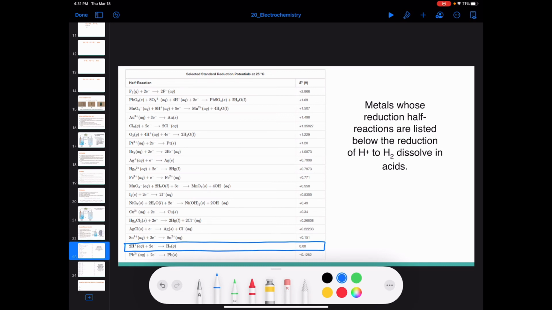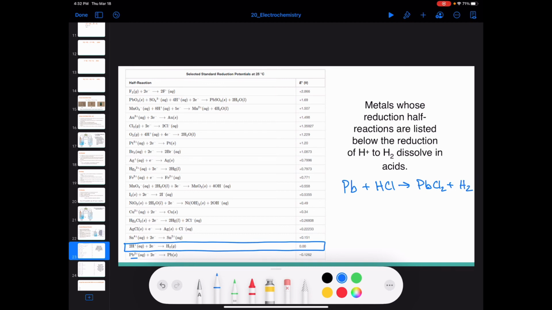Anything that is listed below hydrogen will actually dissolve in acid. For instance, if I take lead metal and put it in something like HCl, I'm going to end up getting lead chloride plus hydrogen gas.